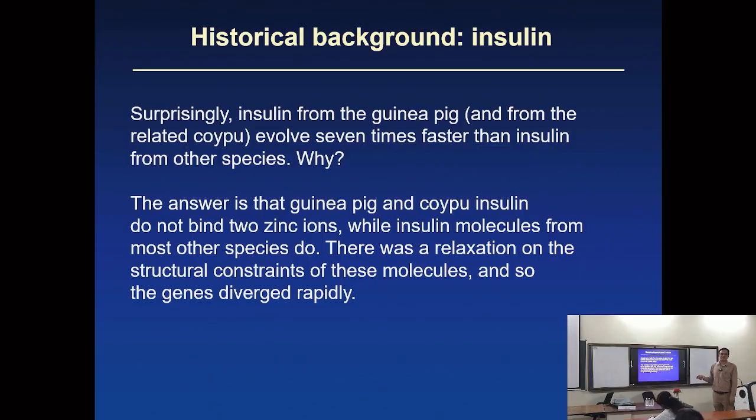The answer is that guinea pig and coypu insulin do not bind two zinc ions, while insulin molecules from other species do. So there is less functional constraint on insulin from guinea pig and coypu, and so they evolve faster than those from other species.